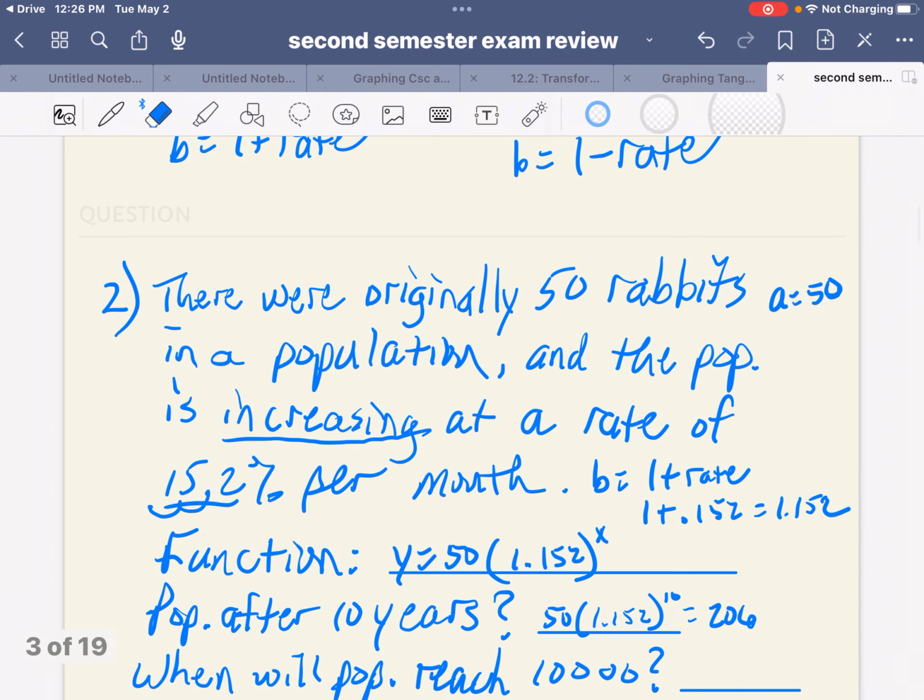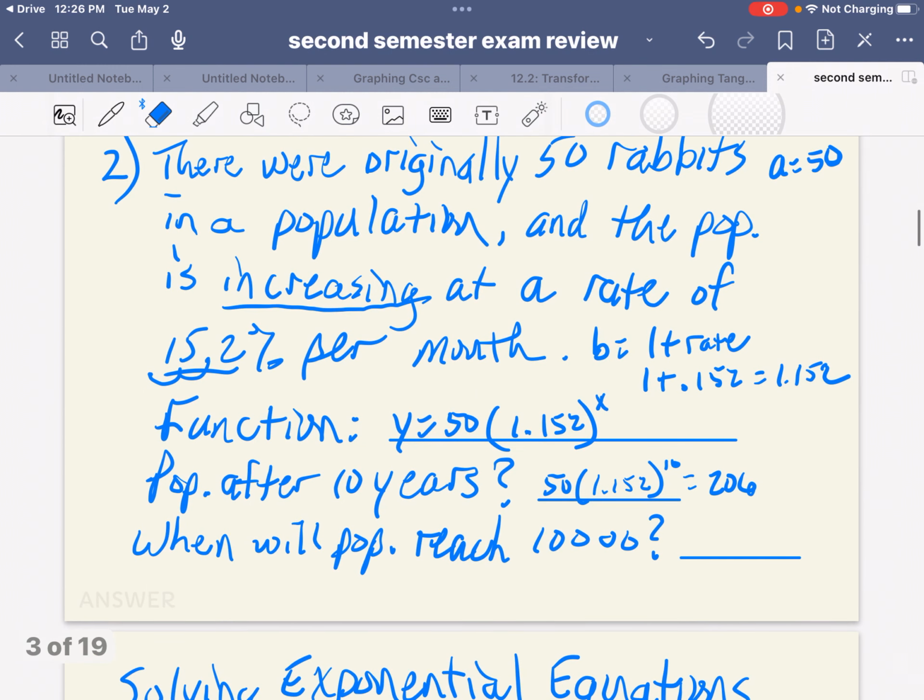All right, and then the last question says, but when will the population reach 10,000 rabbits? So is that just like the one we just did? You set 10,000 equal to y. So we have 10,000 equals 50 times 1.152 to the x power.